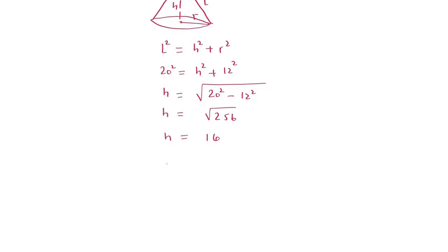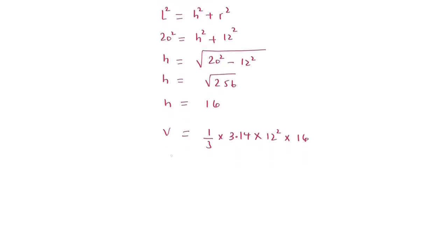Then our equation is going to be V equals 1 over 3 times 3.14 times 12 squared times 16, of which after solving the values we are going to have volume equals 2411.52 centimeters cubed, and this is the volume of the cone.